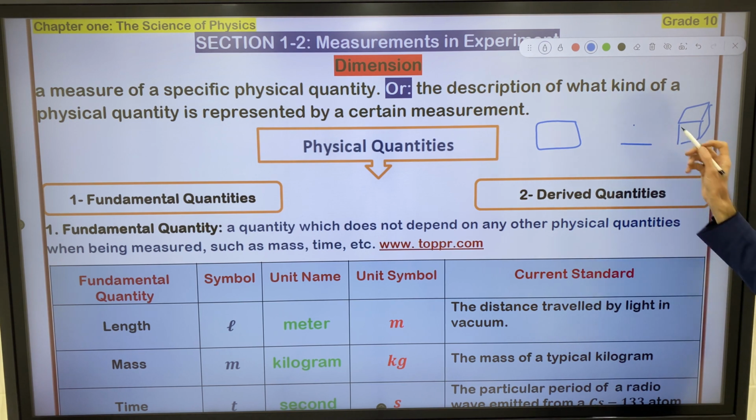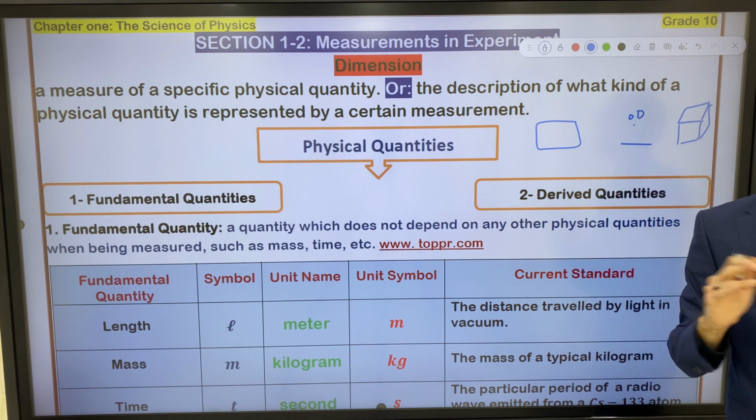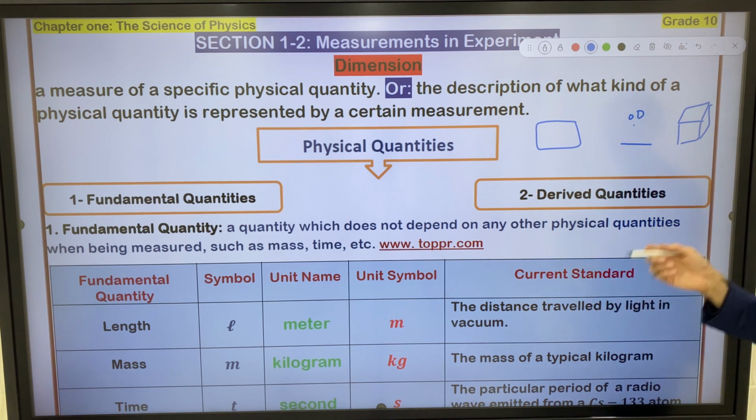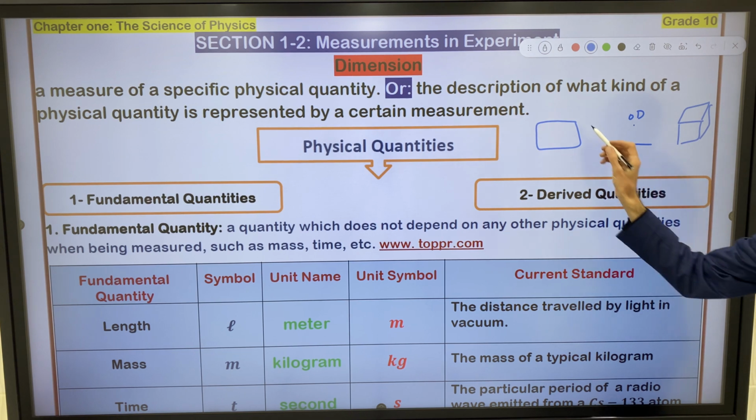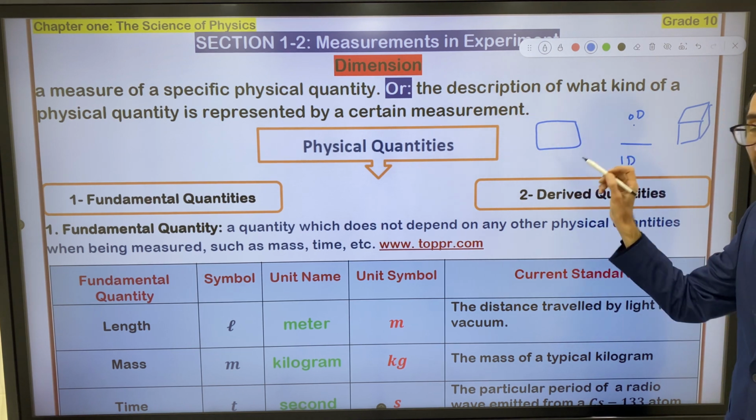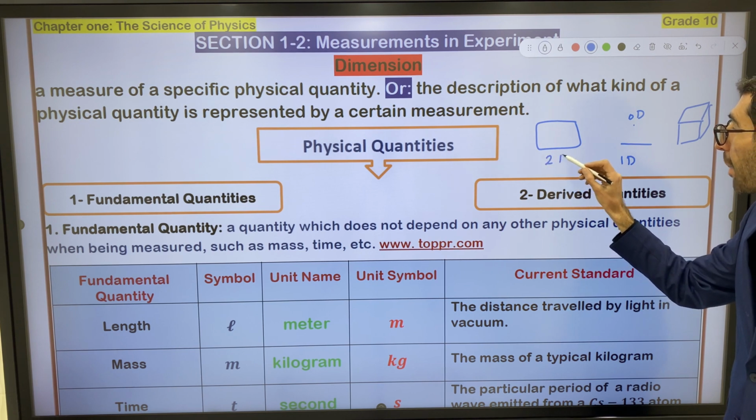This is a cube, actually. This is 0 dimension. Point has no dimension. That's why it's 0 dimension. The line has only 1 dimension, and it's 1D. This one has length and width. That's why it's a 2-dimensional object.